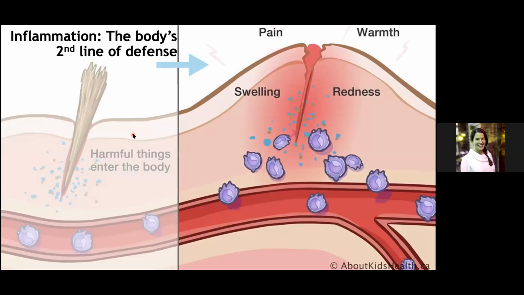The body's second line of defense, the immune system, triggers an inflammatory response when there are foreign invaders to fight off. Some of these symptoms of inflammation can include pain, redness, swelling that is sometimes warm to the touch, stiffness, and loss of function at the site of inflammation.